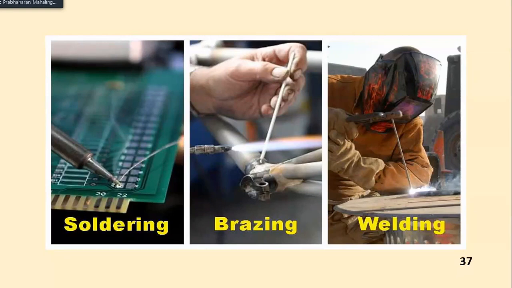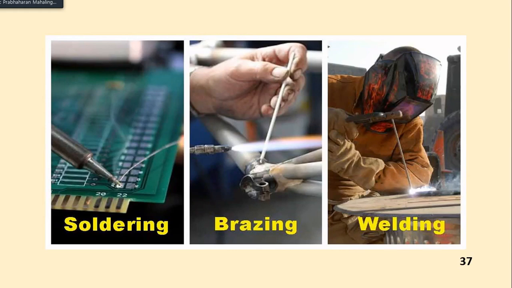So soldering, brazing and welding. This knowledge is extremely important to all people, not only students, normal people. They can have this type of work because you can have your own workshop and then you can earn money.